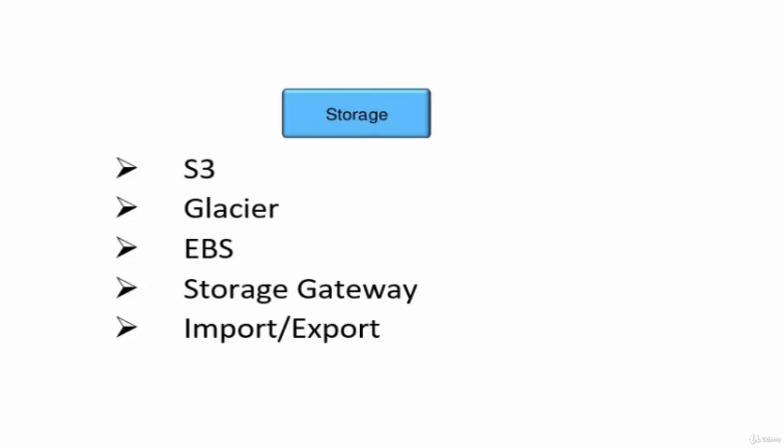Now the next component is Glacier. Data is stored in Amazon Glacier in archive form. This comes into play in scenarios where we don't want to access data on a frequent basis, so we can use the Glacier service of AWS. An archive can be any data such as a photo, video, or document.